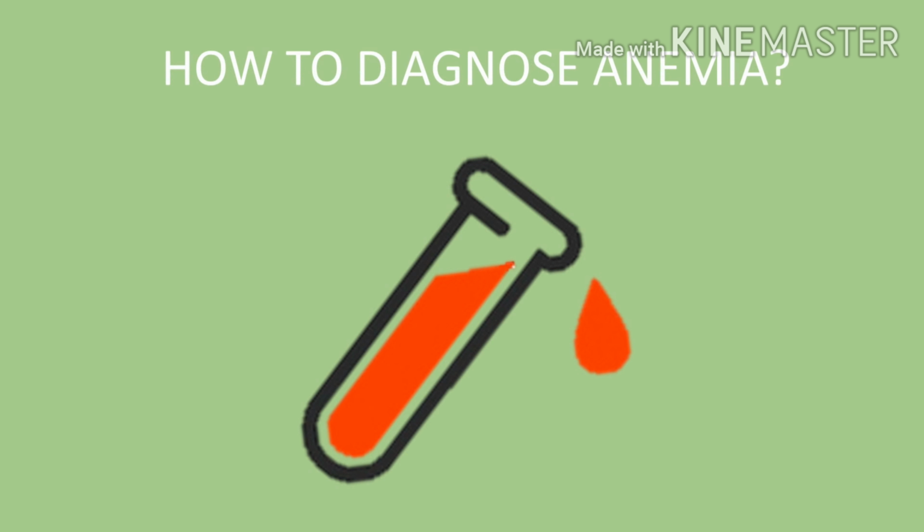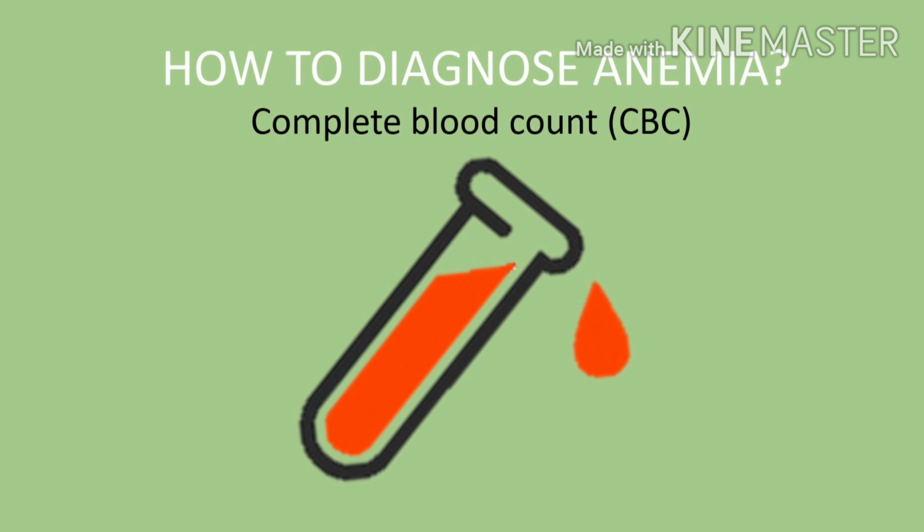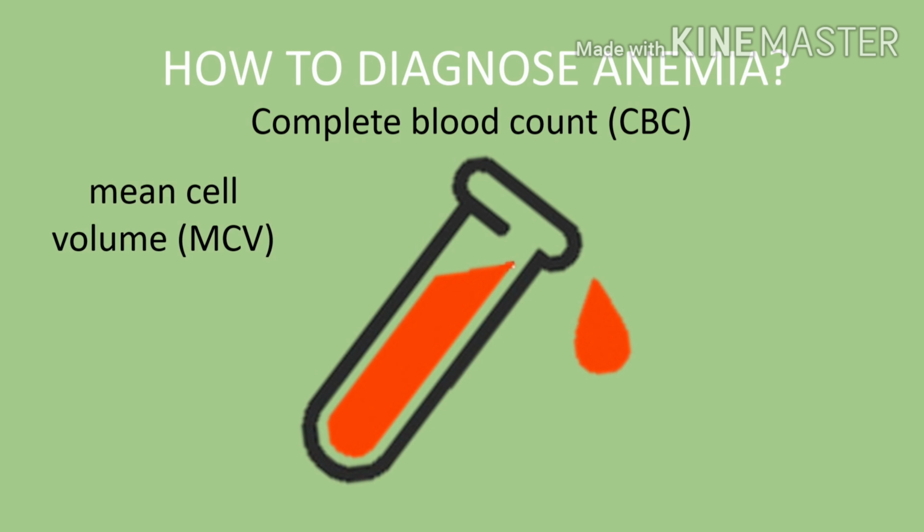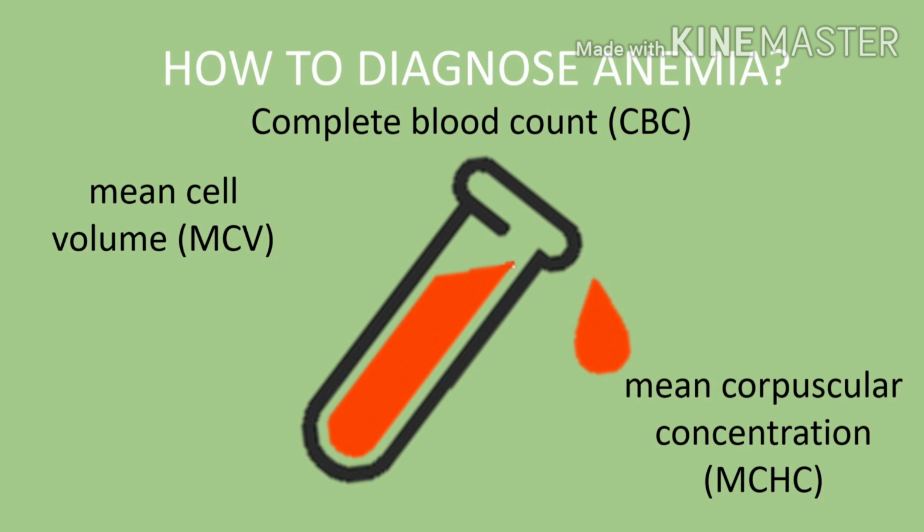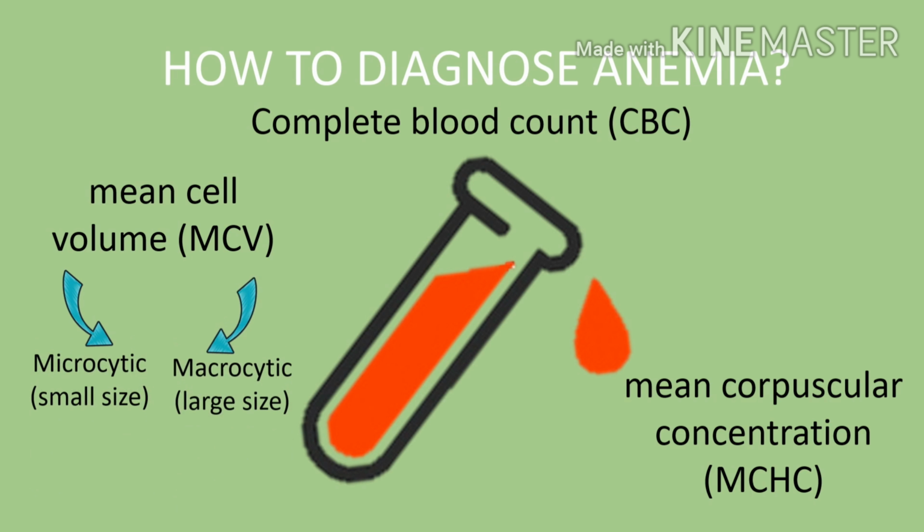How to diagnose anemia? Anemia can be diagnosed by a complete blood count, which is an automated instrument that measures mean cell volume (MCV) and mean corpuscular hemoglobin concentration (MCHC). Mean cell volume is the cell size, which can be small, known as microcytic, or large, known as macrocytic.